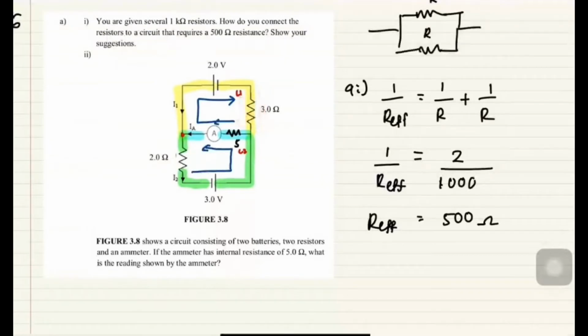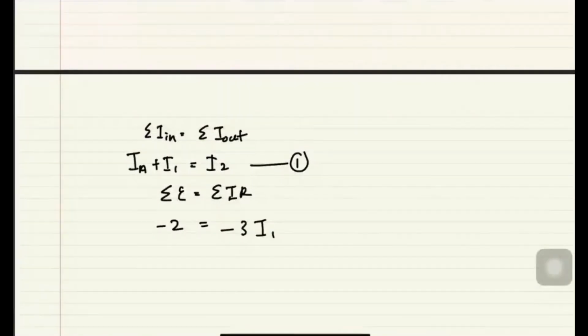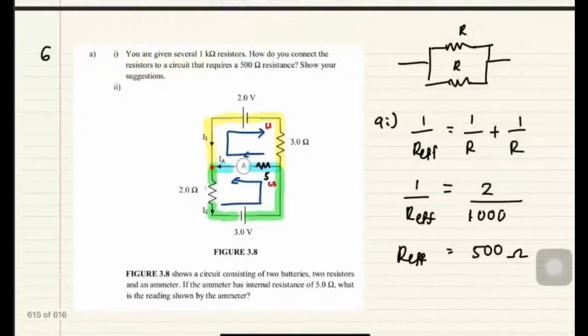So, ini adalah negatif 3 I1. Dan yang second resistor yang 5 tu, IA. Positif sebab current direction dia yang IA ke kiri, loop direction pun ke kiri, so same direction lah, tambah 5 IA.